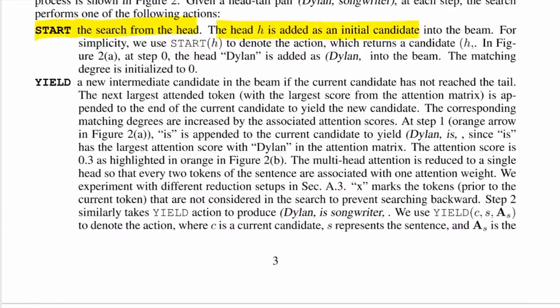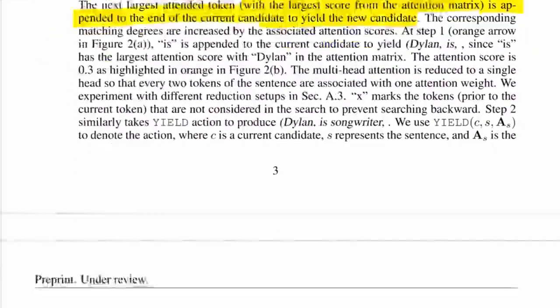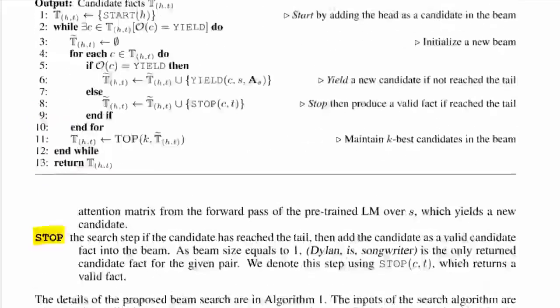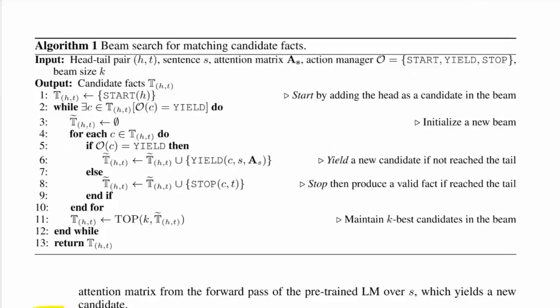Then in yield, it says the largest score from the attention matrix is appended to the end to yield the new candidate and so on. And then stop, we stop. And the algorithm description here basically just says while we're not done, if it's not the stop action, we continue. It doesn't tell you anything. This is a super unclear description of this algorithm.